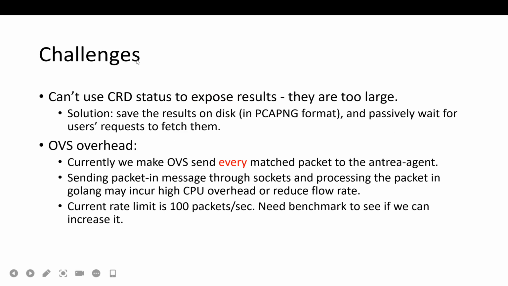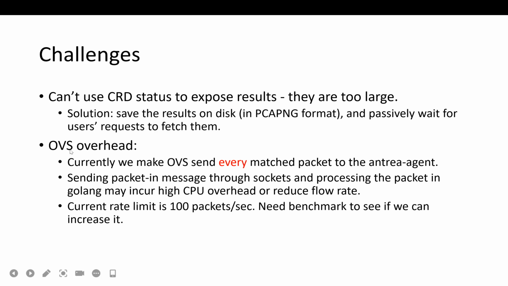But there are some challenges to overcome when implementing the first-hand sampling. The first is that we cannot just use the CRD status to store our results, because they are too large. So currently, our solution is that we save the results on the disk of the nodes in the PCAPNG format, and each node passively waits for the user's request to fetch them.